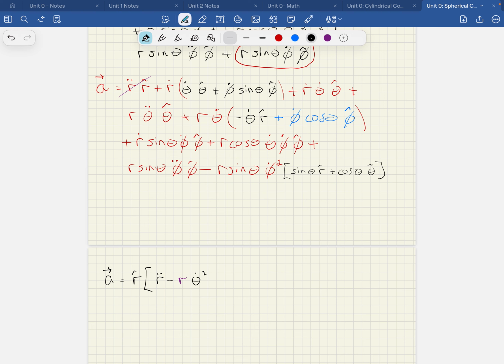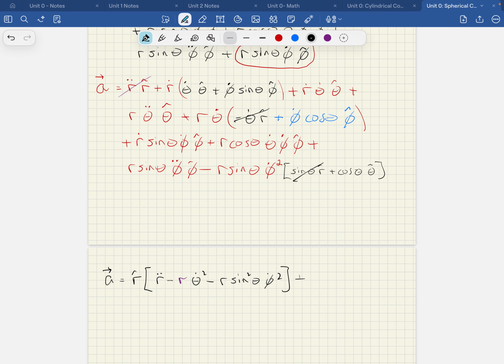Okay, minus r theta dot squared. So we just got rid of that term. The next term that has r hat in it, yes, is a minus r sine squared theta phi dot squared. Yep, okay, and that got rid of that term.